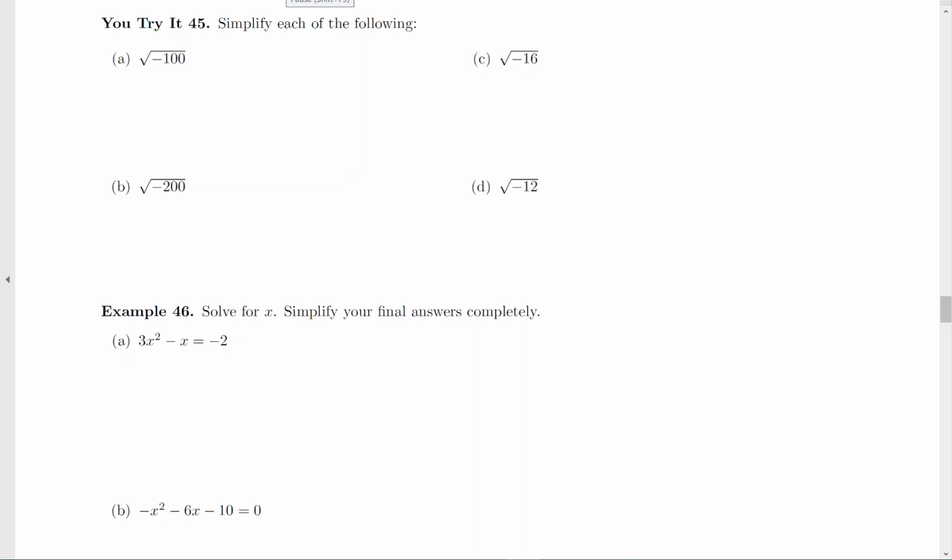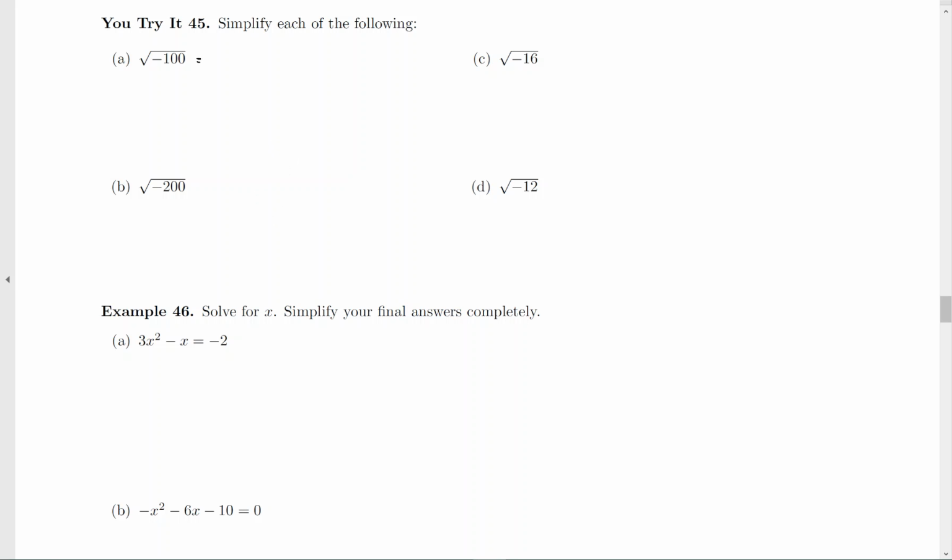You try it 45 is asking us to simplify each of the following, and we're looking at this over the complex number system. It doesn't say just to find the real numbers. Square root of negative 100 doesn't have a real solution, but it does have a solution.